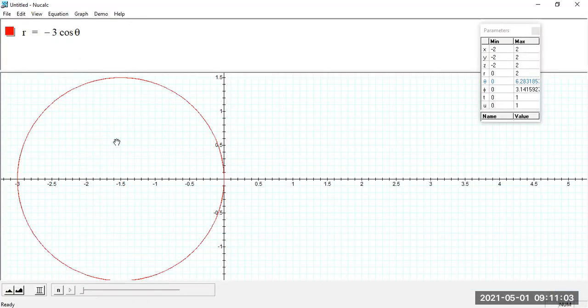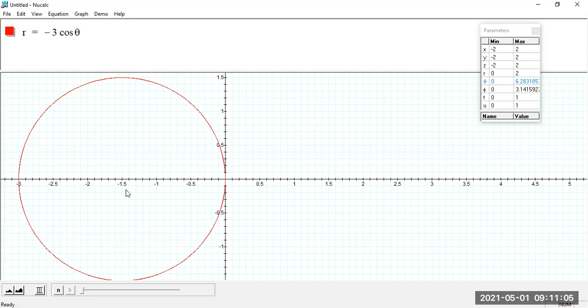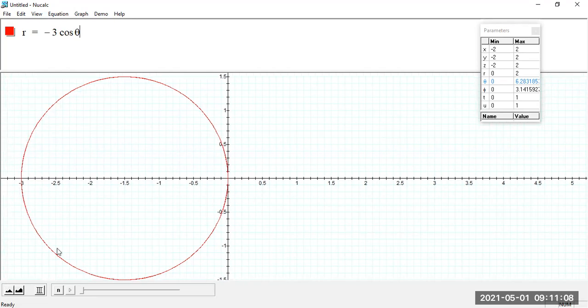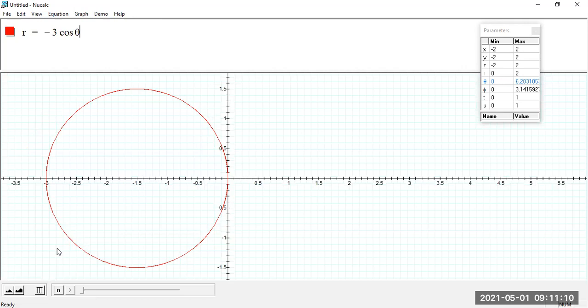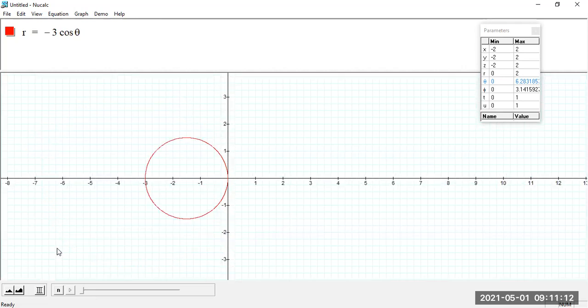Of course, what you see here is just a circle, right? Now, how do we know that it is actually from 0 to pi instead of 0 to 2 pi? Now, you see the theta here is from 0 to 2 pi. Okay, now I will change it to from 0 to 3.14159, which is basically the approximation for pi.